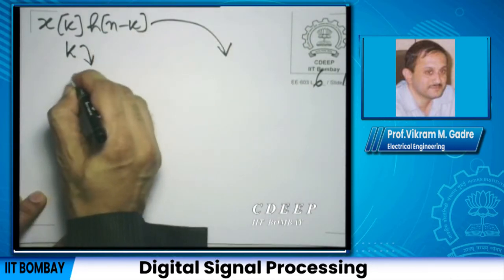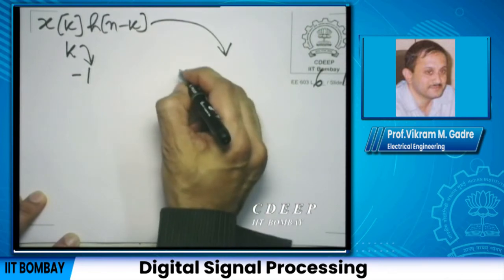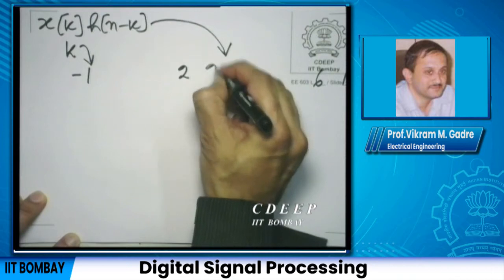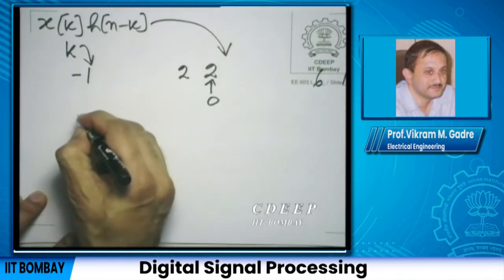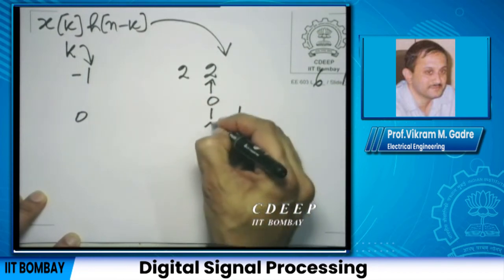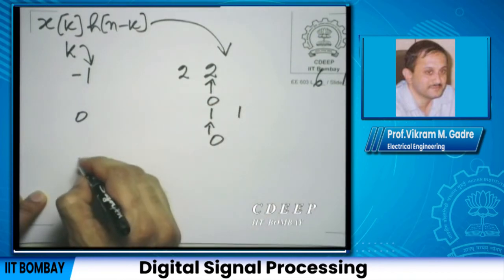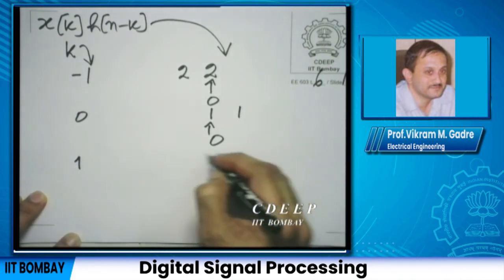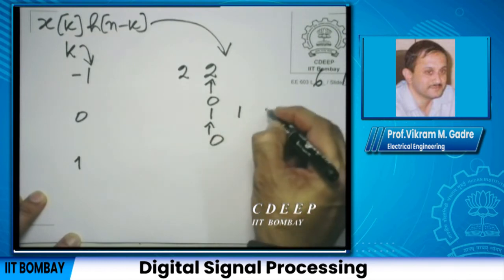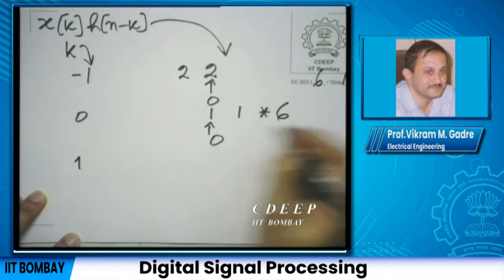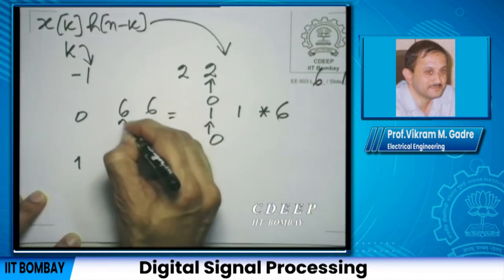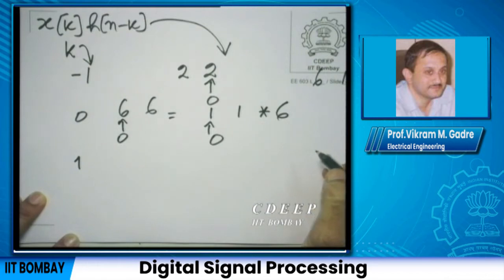So, k equal to -1 and I have 2 and this occurs at 0. K equal to 0 and I have 1 here. For convenience, I will put the 0 in. At k equal to 1, I am sorry, this should be multiplied by 6, that is 6 and 6, all right.